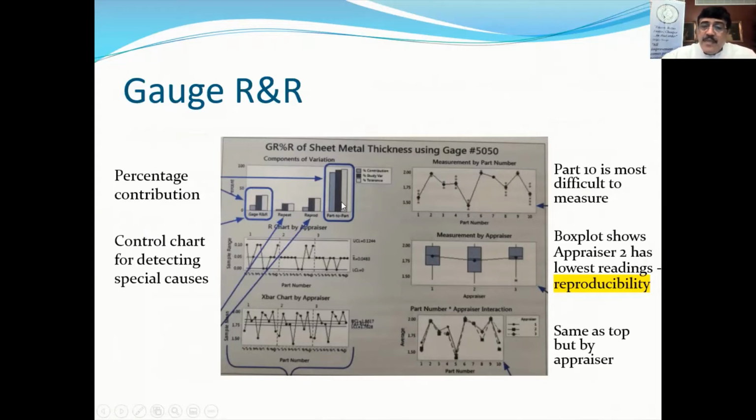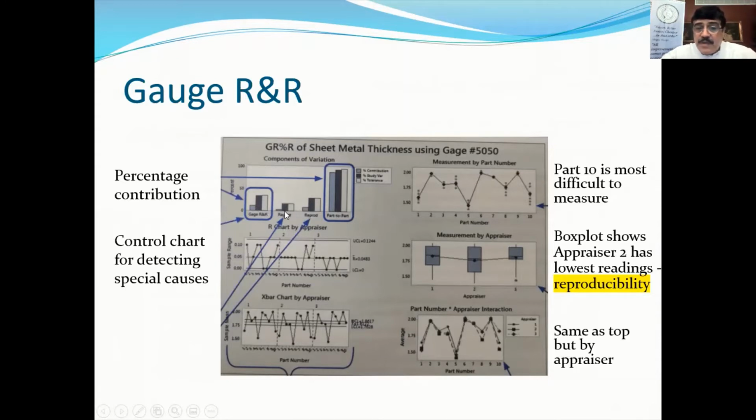Here, this one is the part-to-part variability, meaning the parts themselves are different, just like our heights or our weights. So there is a variability coming from the variability of the products themselves, of the parts. My weight is different than your weight. But there is gauge R&R contribution, which is this level here, and this is a breakdown of the gauge R&R.